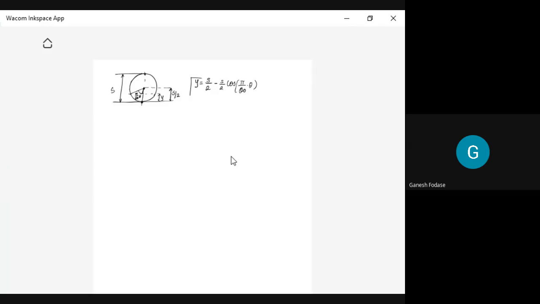Therefore y is equal to S by 2 minus S by 2 cos of pi upon theta O into theta. This is the equation for displacement of the follower, and if you know this equation, then you can determine velocity and acceleration of the follower. So our basic equation for displacement of the follower when it is moving with simple harmonic motion is this one. Now we have to determine the value of displacement at different angles. So let's find the displacement equation at different angles.